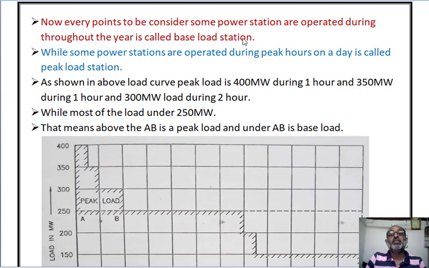Whatever power stations are operated throughout the year are called base load stations. While some of the power plants that are operated only during the peak hours of a day are called peak load stations. So it is most important to know the difference between base load and peak load. Base load stations are operated throughout the year, while the peak load stations are operated only when the peak hours or peak load is available.